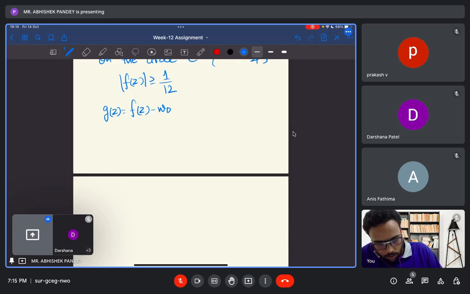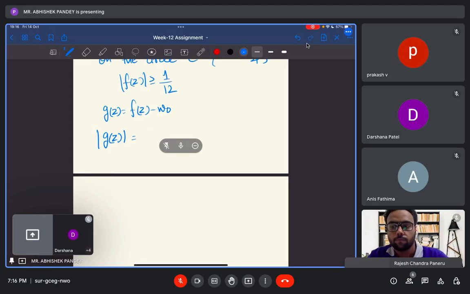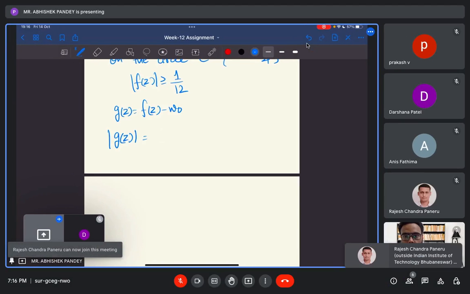So modulus of g(z) is basically equal to modulus of f(z) minus w naught.